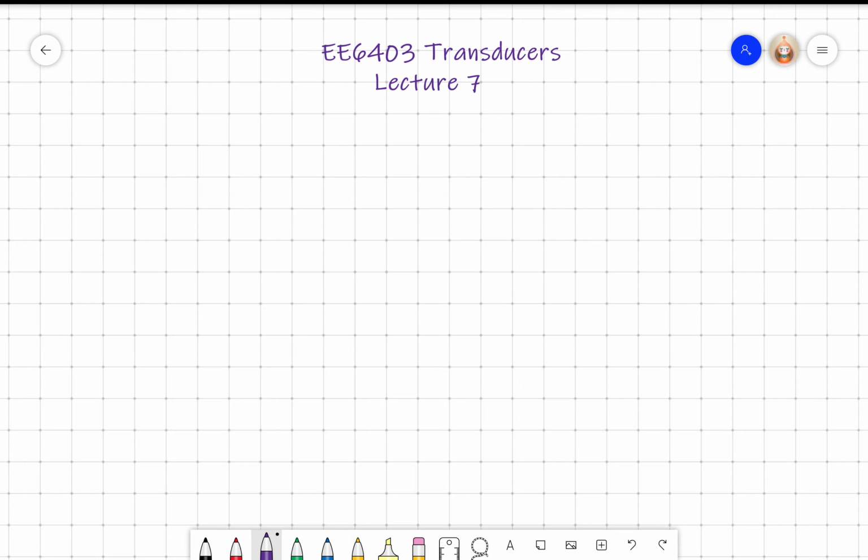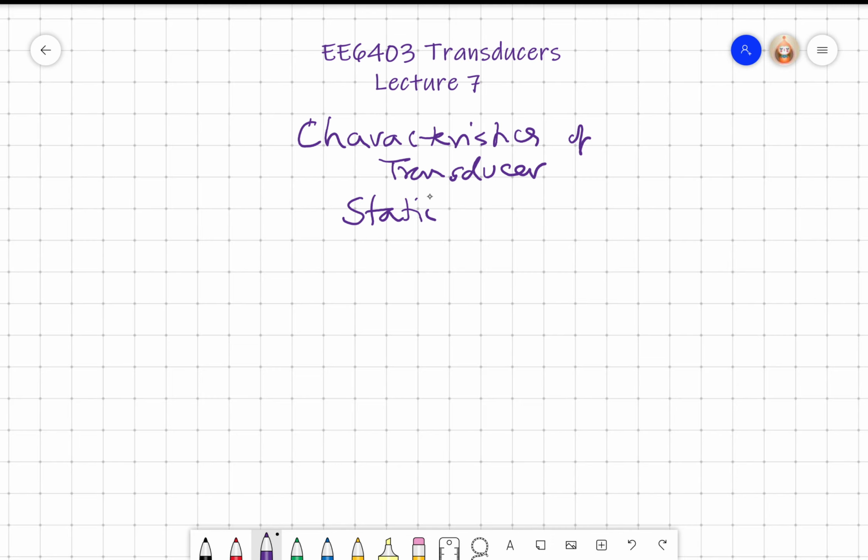Okay, so far we learned about the characteristics of transducers. So we have static characteristics, dynamic characteristics, and we also looked at modeling of transducers from a systems perspective.